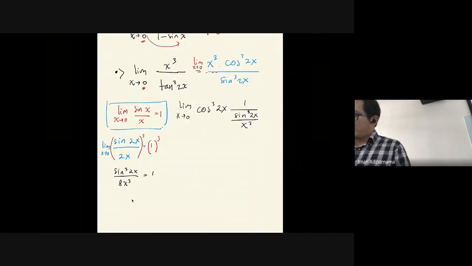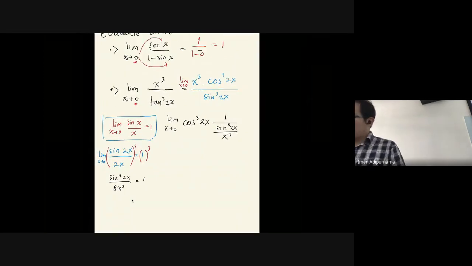To make it only x cubed, I need to multiply by 8, right?